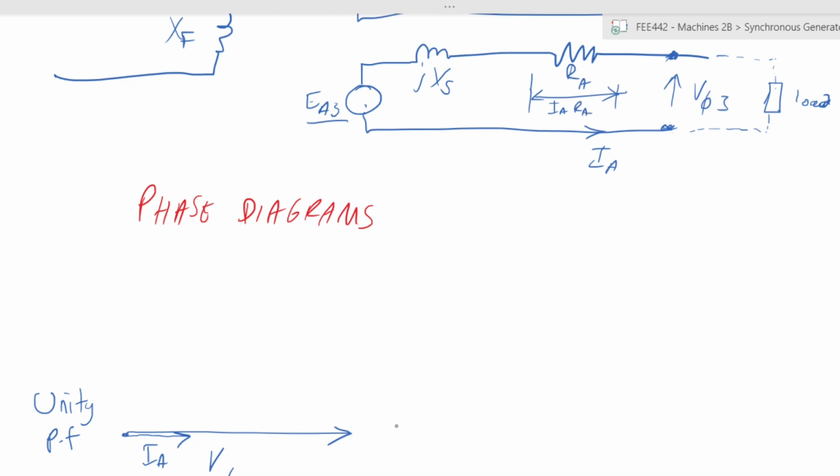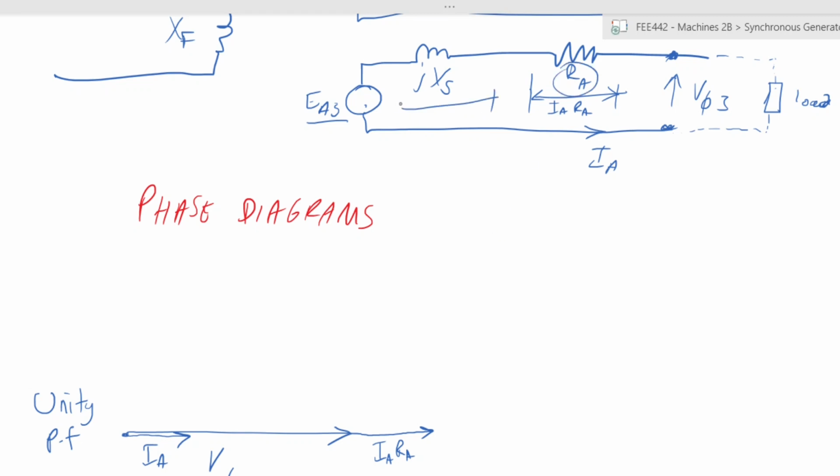The resistance does not alter the direction of the current. So you have IARA, which is your voltage there, and it can be added, and it will look like that. So that is the potential drop due to this element RA.